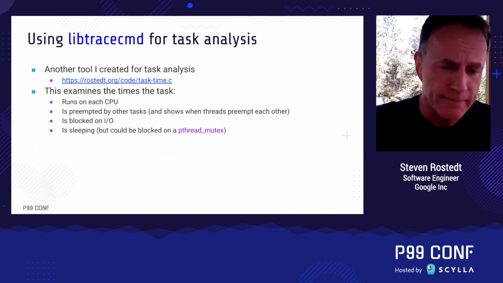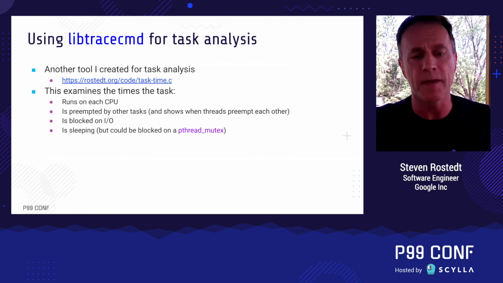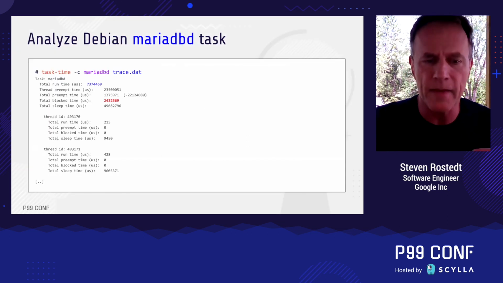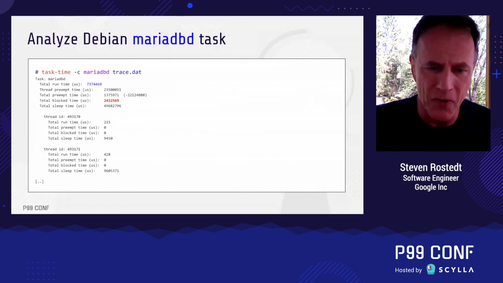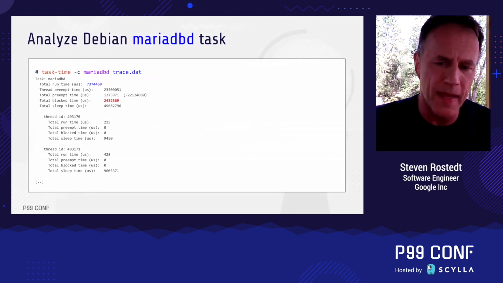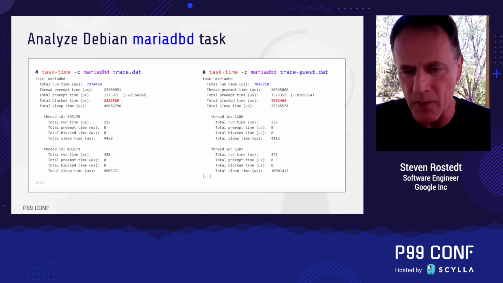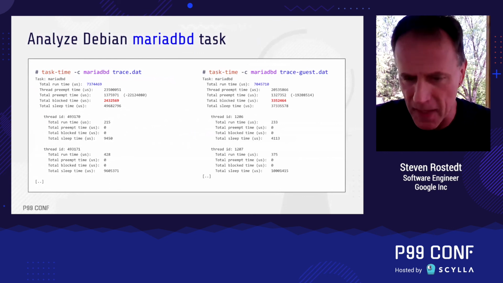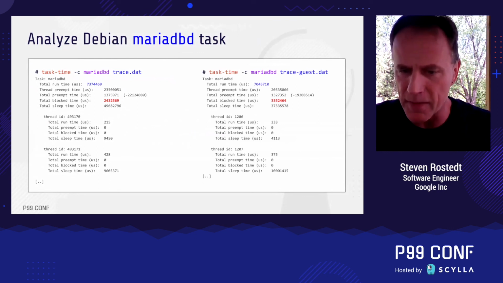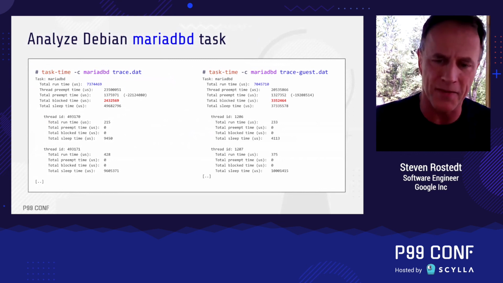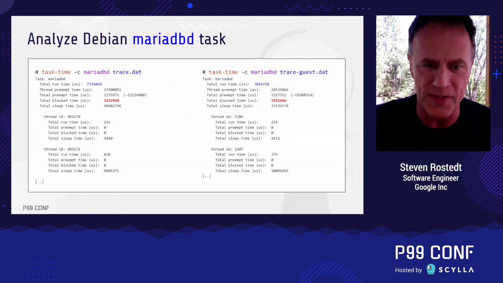So when I ran this on the mariadbd trace.dat file on Debian, I noticed that it was actually blocked for over 2 seconds of the runtime. That was for the host, and for the guest, it was 3.352464, so about 3.3 seconds on the guest.